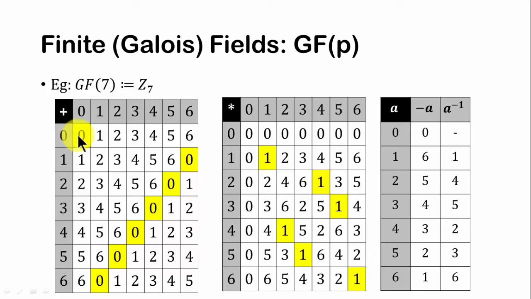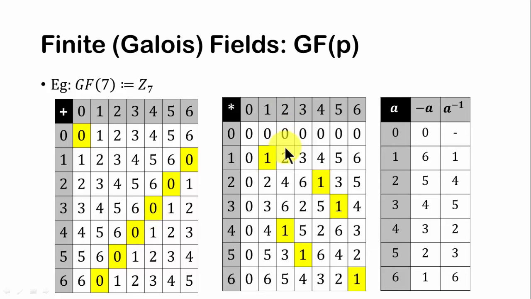So 0 is the inverse of 0. 1 plus 0 is 1, 1 plus 1 is 2, 1 plus 2 is 3, 1 plus 3 is 4, and up till the last, 1 plus 6, that is 7, 7 mod 7, because it is a Z7 domain. So the additive inverse of 1 is 6, the additive inverse of 2 is 5, and so on. You will find that all the elements have additive inverses, and therefore it fulfills the requirement of the abelian group.